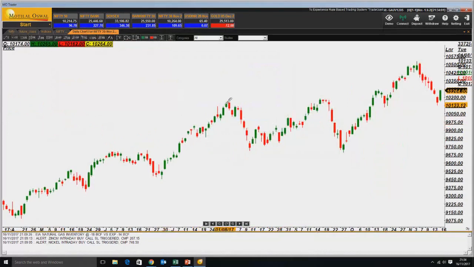If I just draw this rough calculation, it has a major resistance on the double top here.